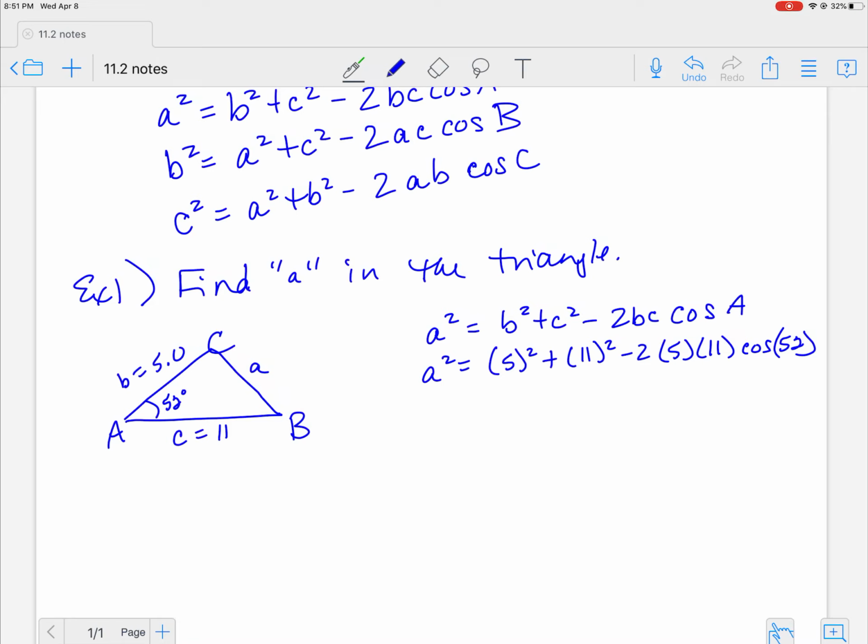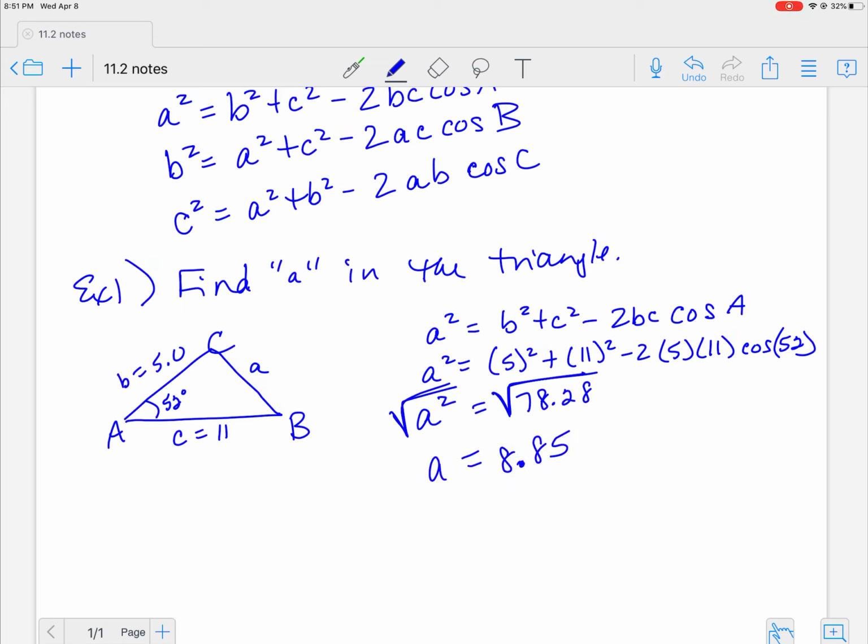Now here's the kicker. I am looking for the side of a triangle. When I take the square root of this, is there any possible way for it to be negative? No, because it's a side.